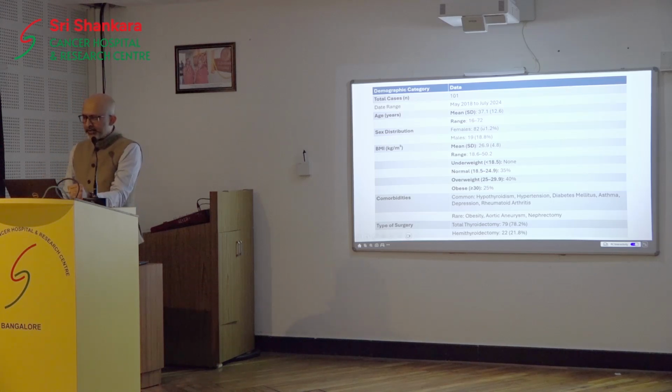So, this is 108 cases from May 2018 to July 2024. I would just show you some interesting things. The Indian population is overweight. 40% of them are in the obese group in this category also.